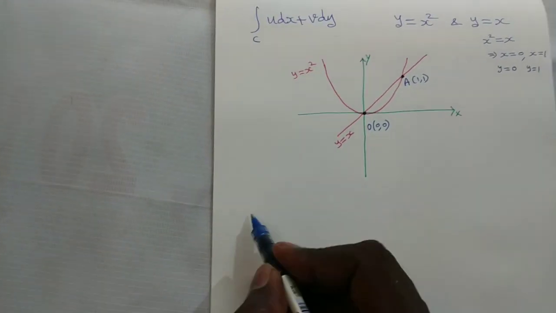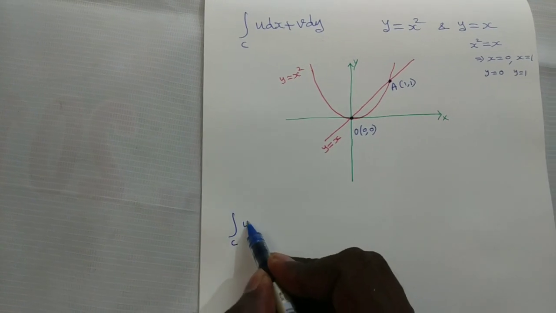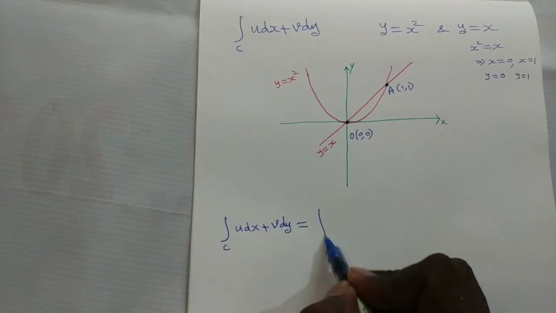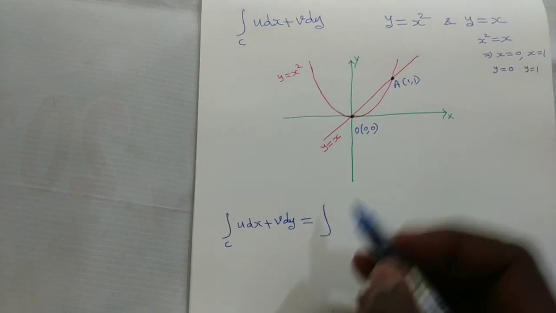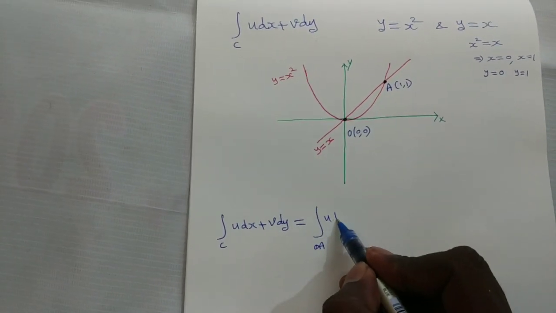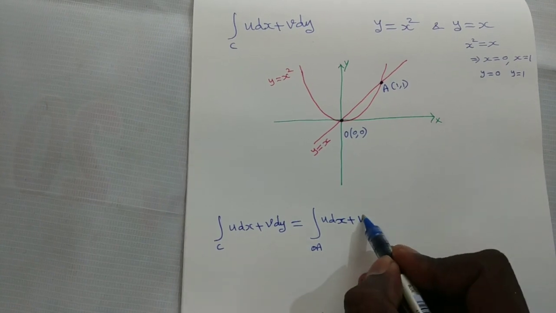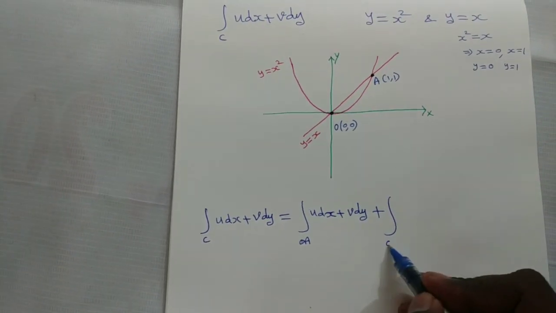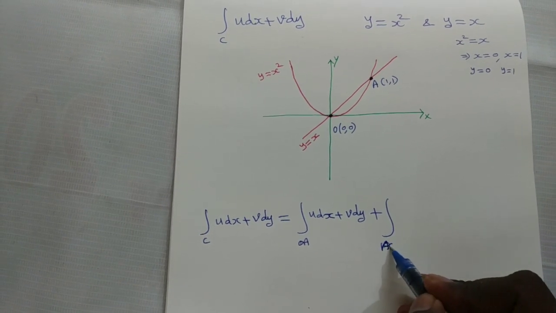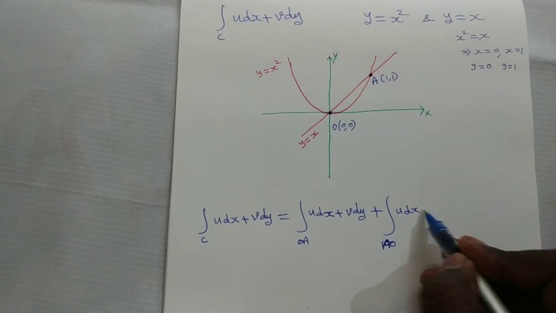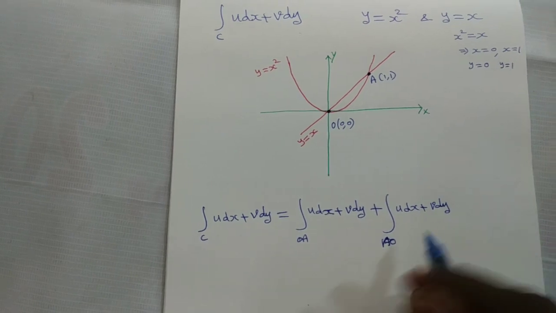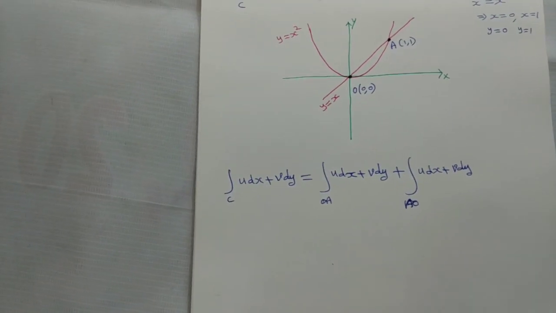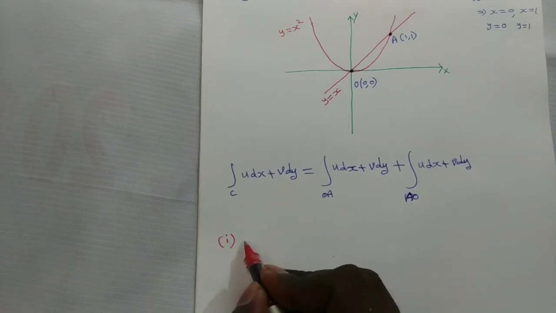So the LHS is the integral over C of u dx + v dy, which is the integral along OA of u dx + v dy plus the integral along AO of u dx + v dy. So first I am going to find it along OA.